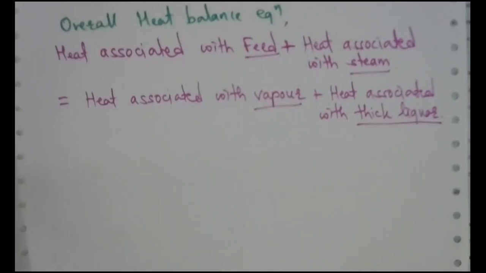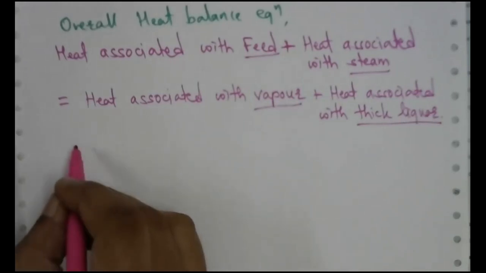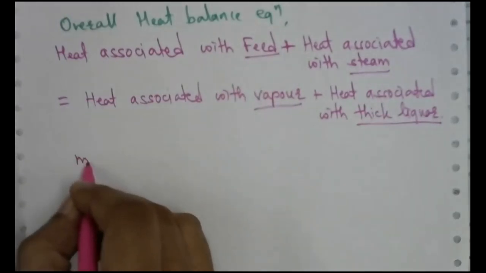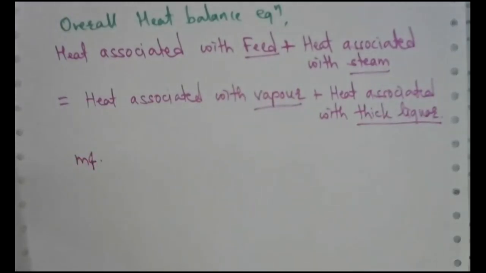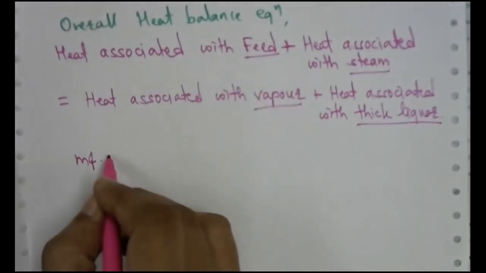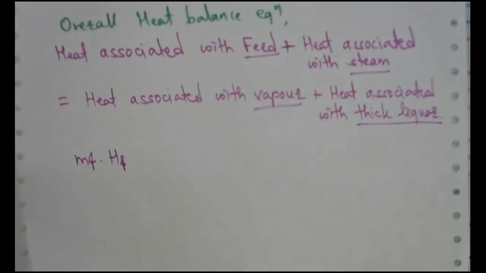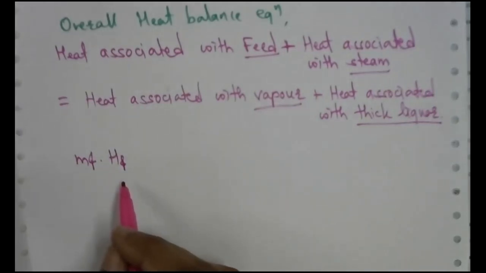So with this balance equation, we can write the symbols or the parameters for this heat balance. So I'm writing here the heat associated with feed. So the feed mass flow rate is MF, and the heat associated with the feed is indicated by H suffix F. So that is the enthalpy related to the feed.